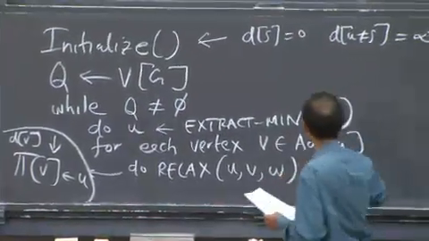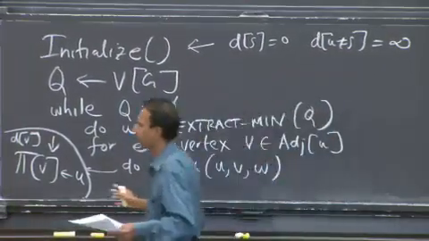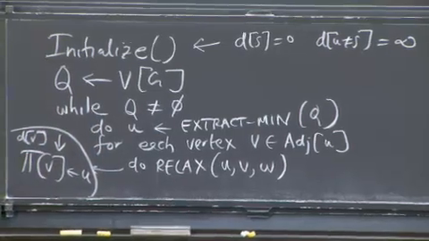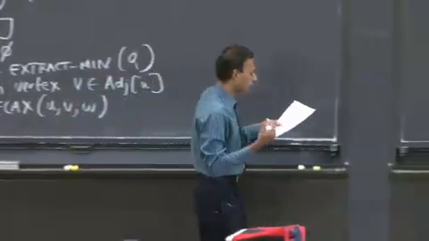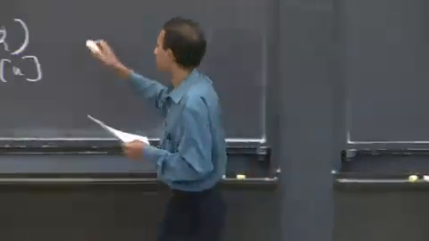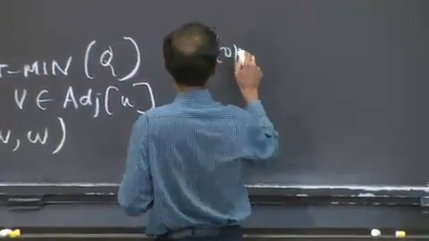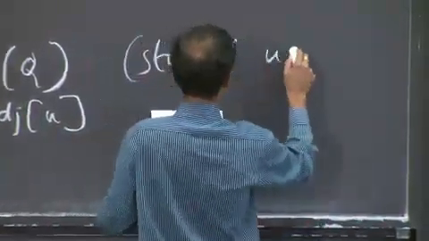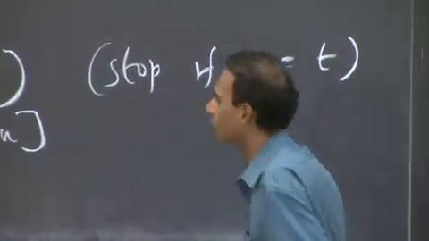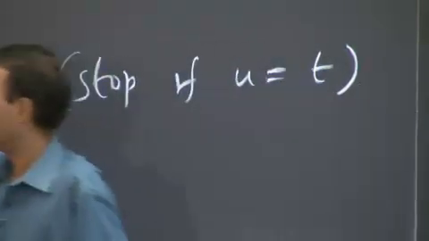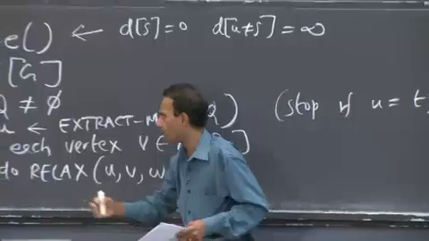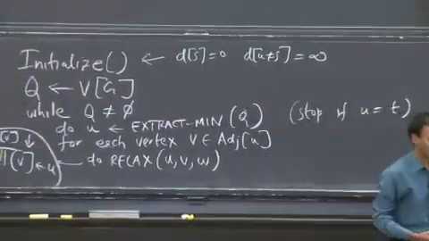One of the things that we can do, this straightforward thing, which is literally one line of code, is to say that if you know what the single target is, then you simply stop if u equals t. So no need to continue until Q becomes null.